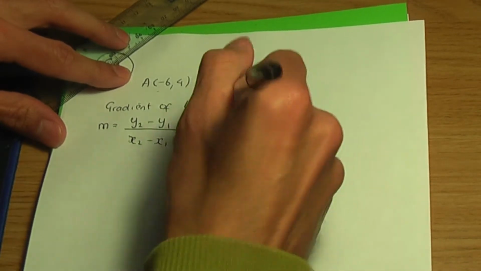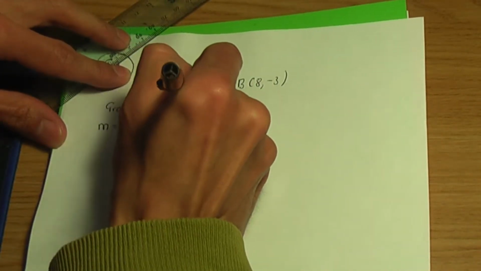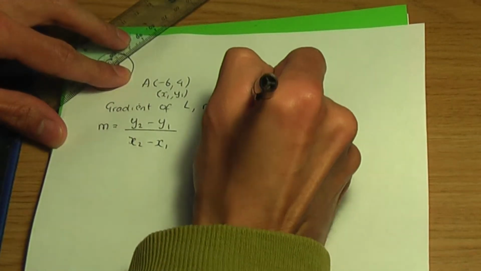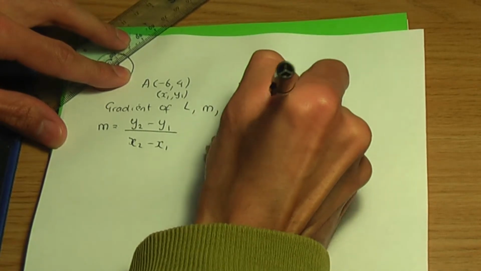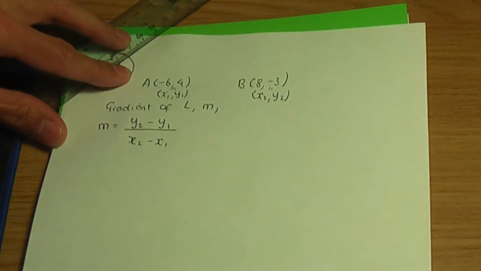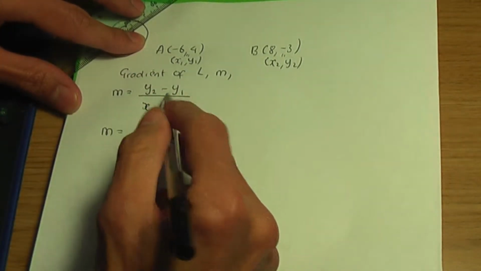So for the gradient of AB, I'm going to take A as x1, y1 and B as x2, y2. Let me name these coordinates accordingly and substitute the values into the formula.